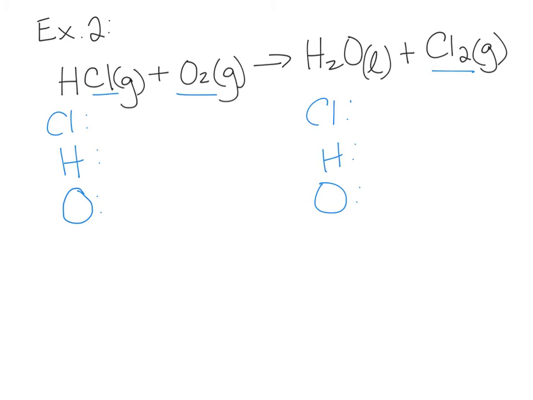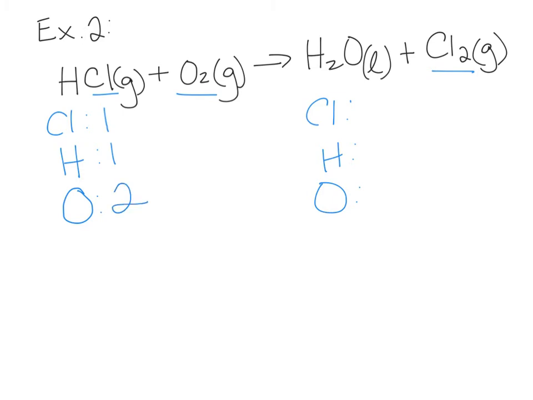So counting this up, first of all, looking at chlorine, chlorine doesn't have a subscript, so I assume it to be just 1. Hydrogen on my reactant side, again, doesn't have a subscript, so I assume it to be 1. And oxygen has the subscript 2, so that means there's going to be 2 atoms in that.